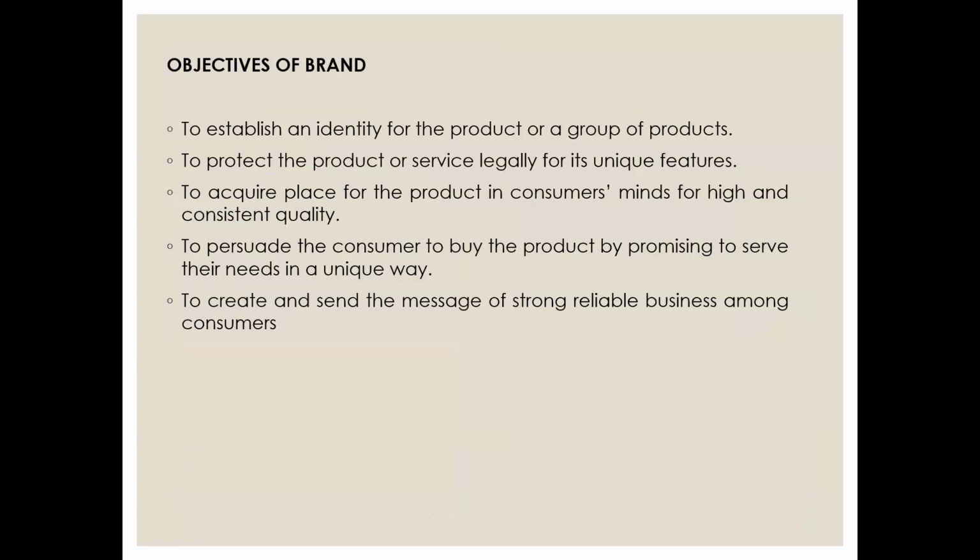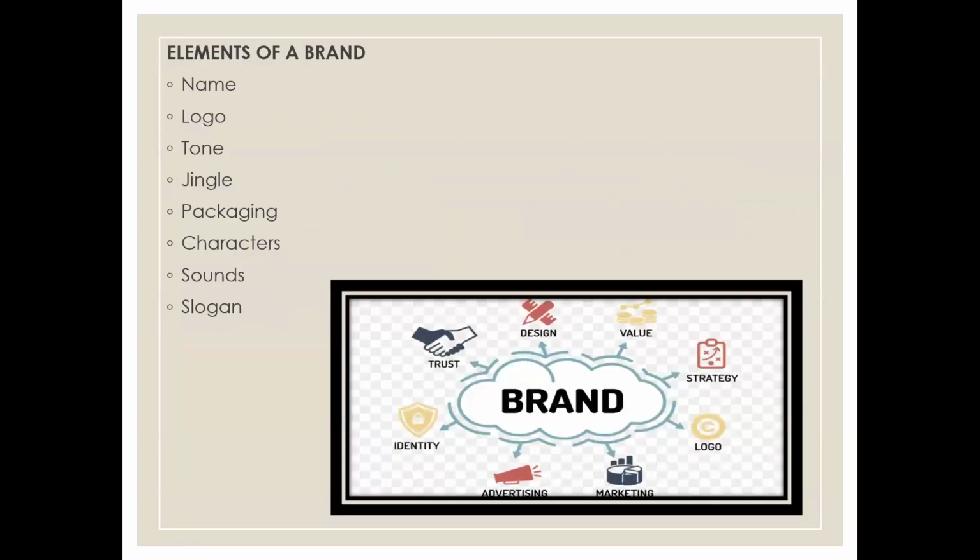So we know the objectives of the brand and the elements of the brand. These elements can be a single one; any one can be taken as an element of the brand, or it can be a combination of two or three elements. A brand can have all the elements. It can have a name, a logo, and a tone, in the sense of a brighter, softer or lighter tone.